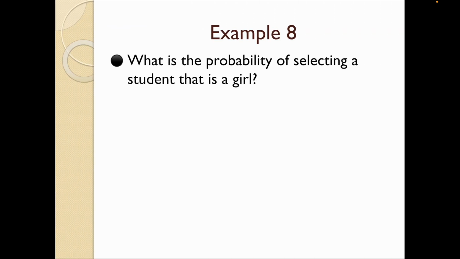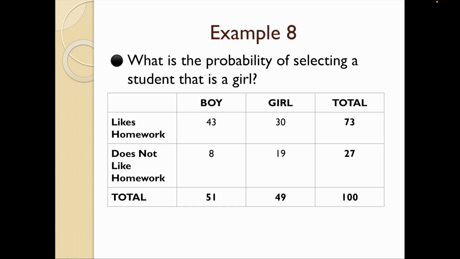All right, so notice what this question is asking for. It's asking for the probability as student. So they're talking specifically about a student. When they're talking about a student, it means in general. If I wanted to refer only to the girls, it would say a probability of a girl being selected that does XYZ.